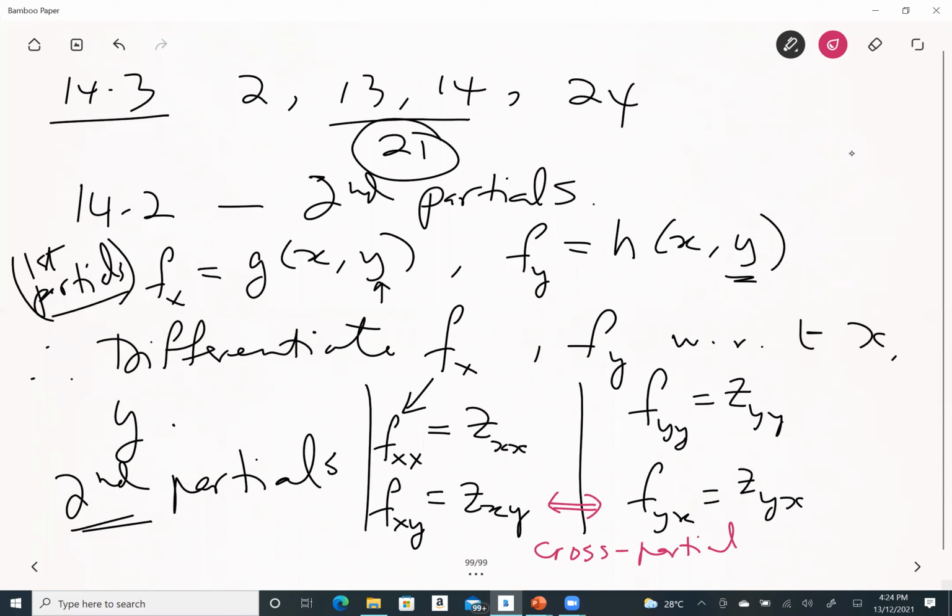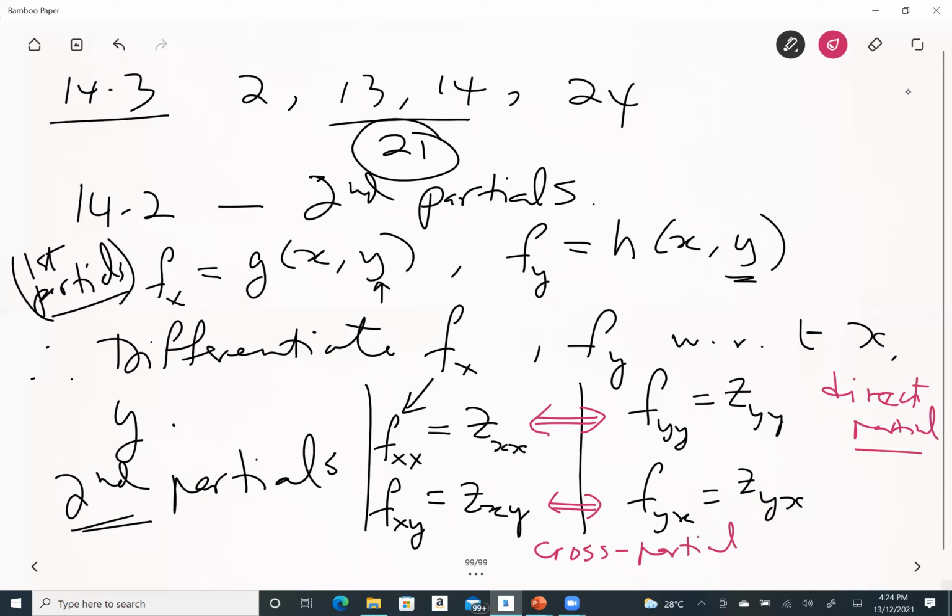So you are doing the derivative with respect to the other variable. So it's cross partial. fxx, fyy, you are doing it with the same variable, so we just call it direct partial.